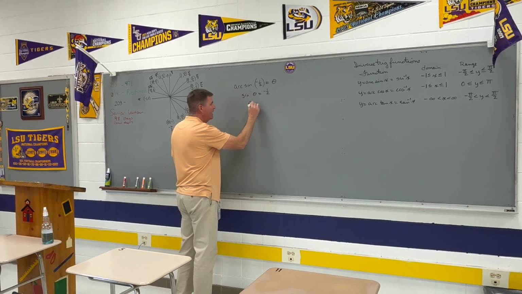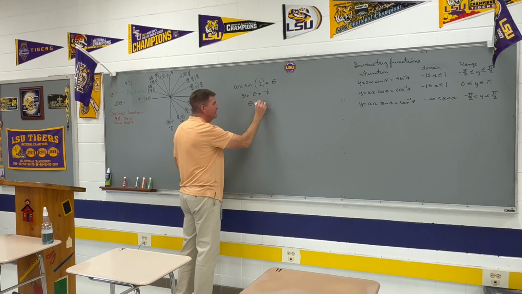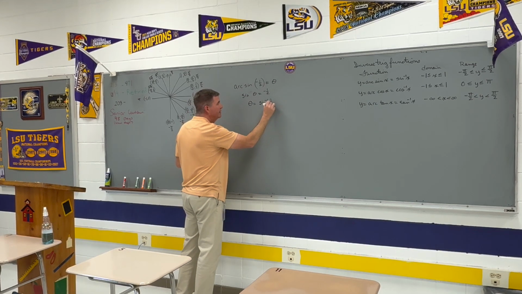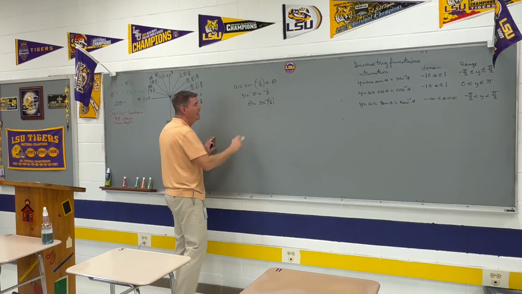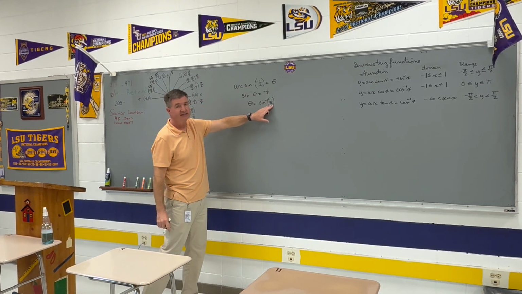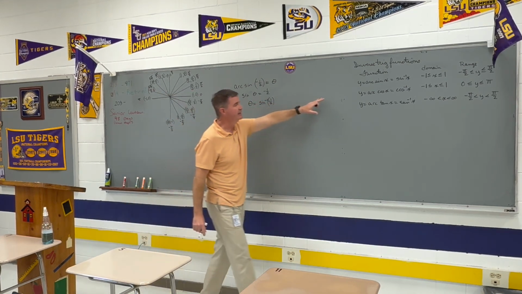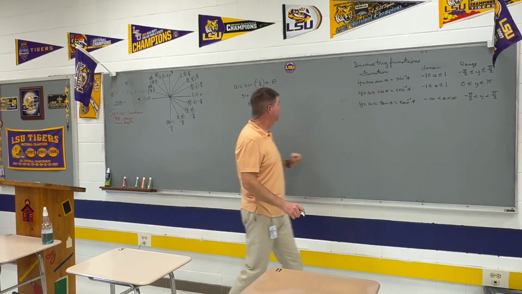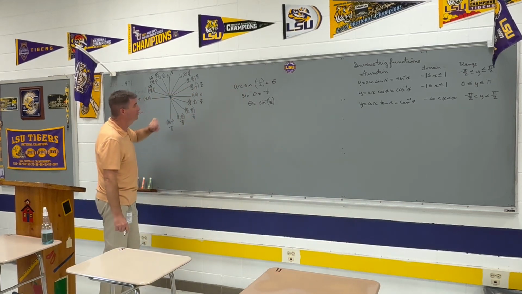Well, if I'm looking for the angle, I would have to bring the sine to that side, so that's the inverse sine of -1/2, which is what we're looking for. So I'm looking for what angle has a sine equal to -1/2. Since the sine is restricted, it is going to be either the first or the fourth quadrant.